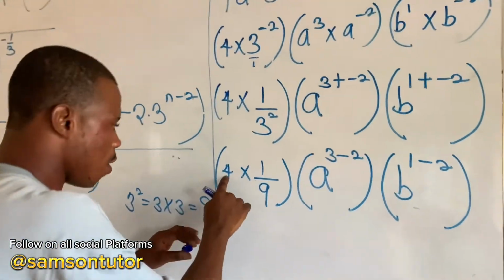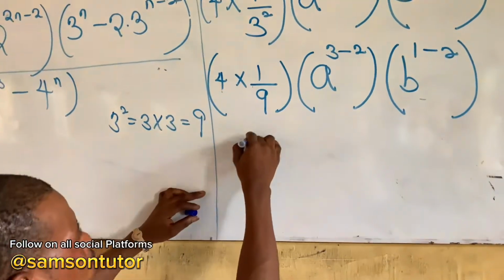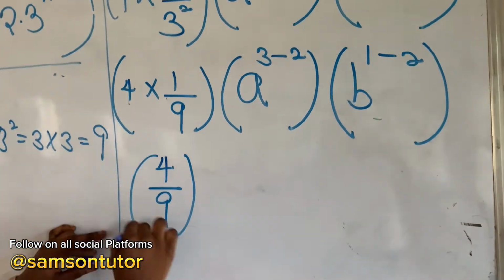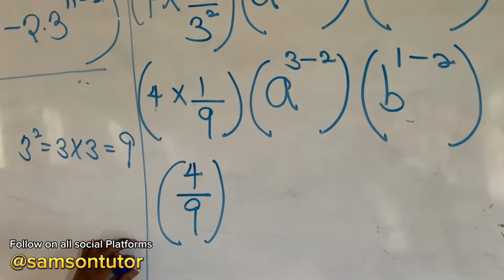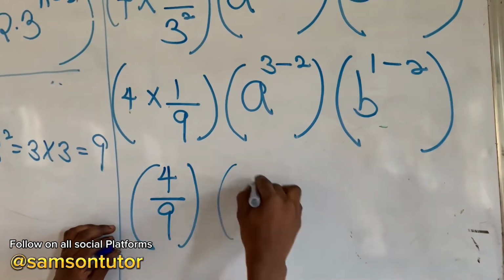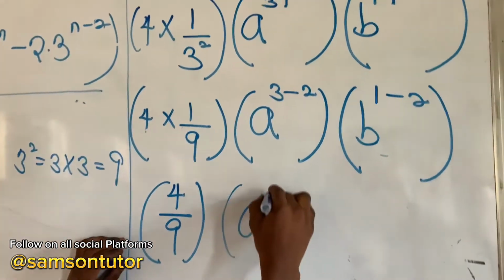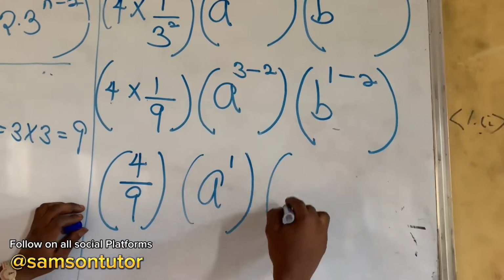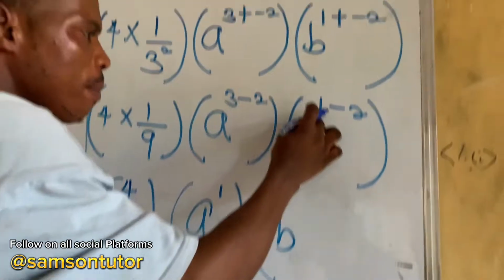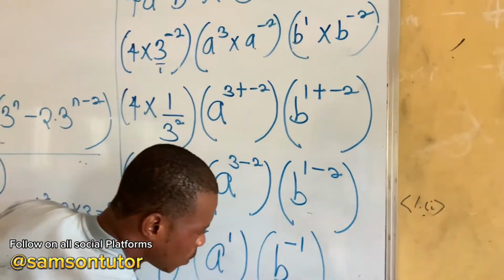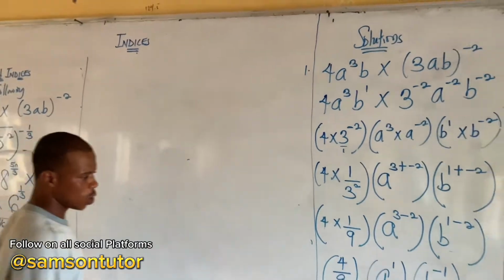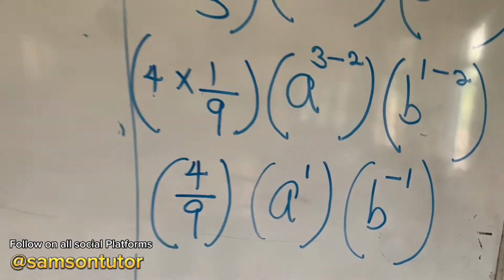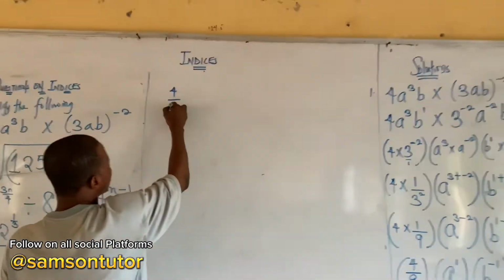So in this system, we now say 4 times 1 will give us 4 all over 9. And in this place also, a raised to power 3 minus 1 will give us 1. Here also, b raised to power 1 minus 2 will give us minus 1. So the next thing here will now be, look at, bracket still implies 4 all over 9.